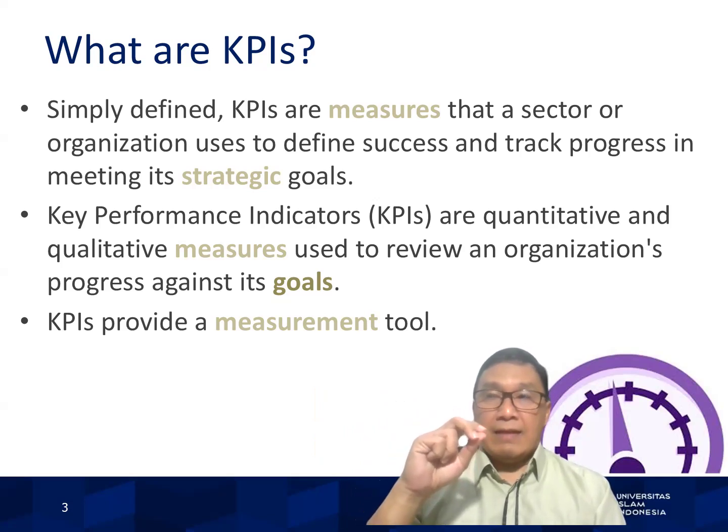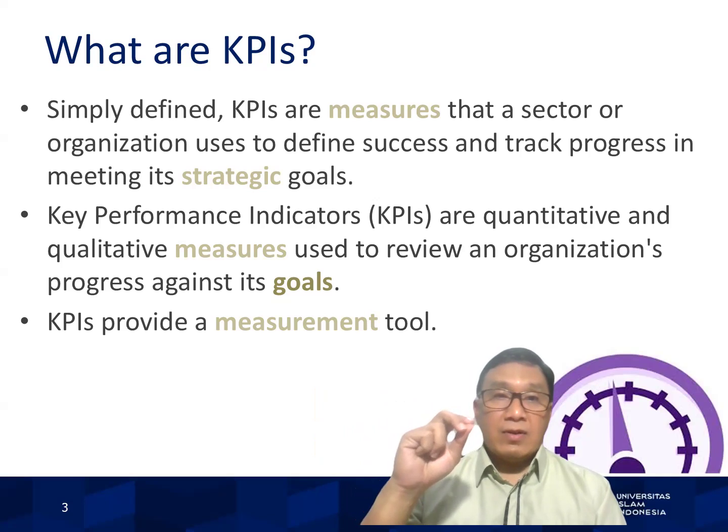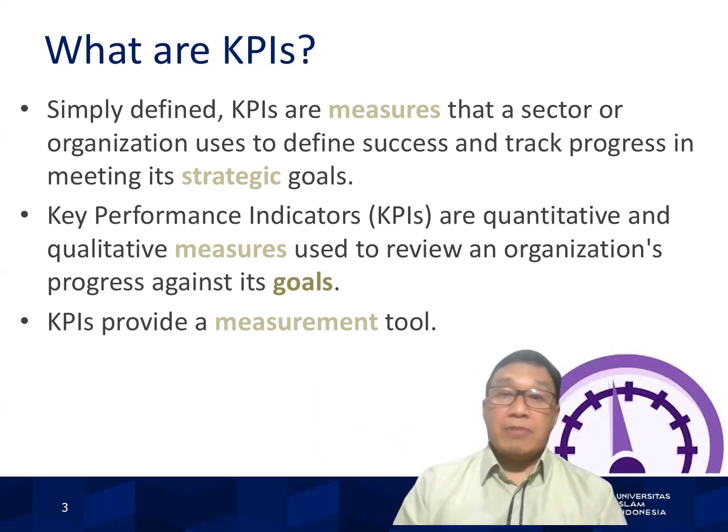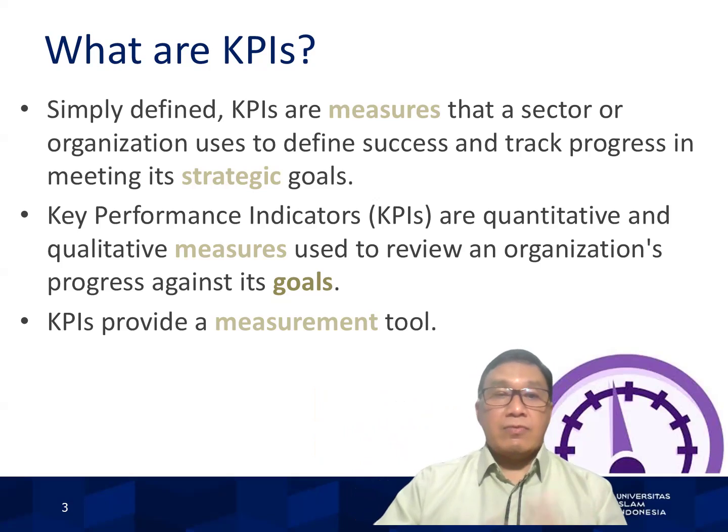And this quantitative objective is usually well known as KPIs or key performance indicators. So KPI provides a measurement tool in order to define whether the goal is already achieved or to track progress.